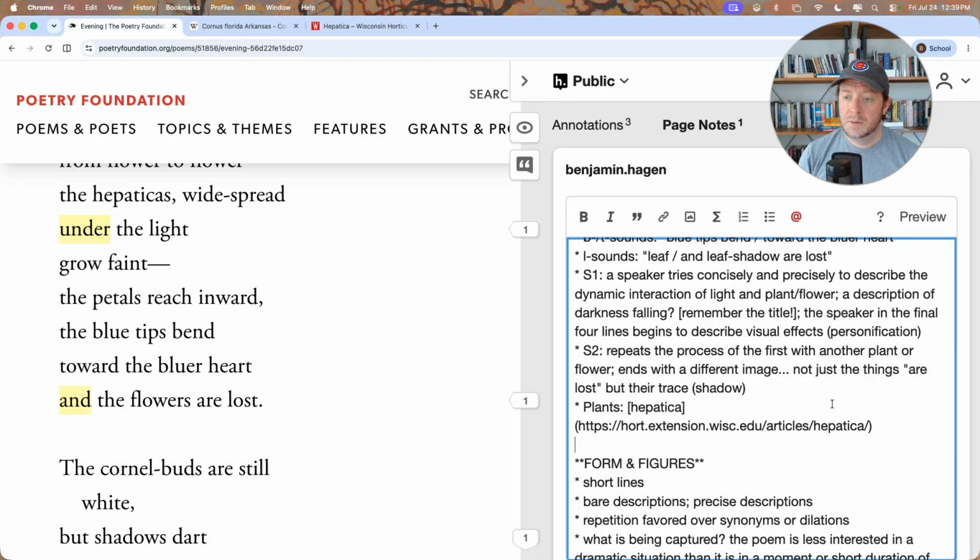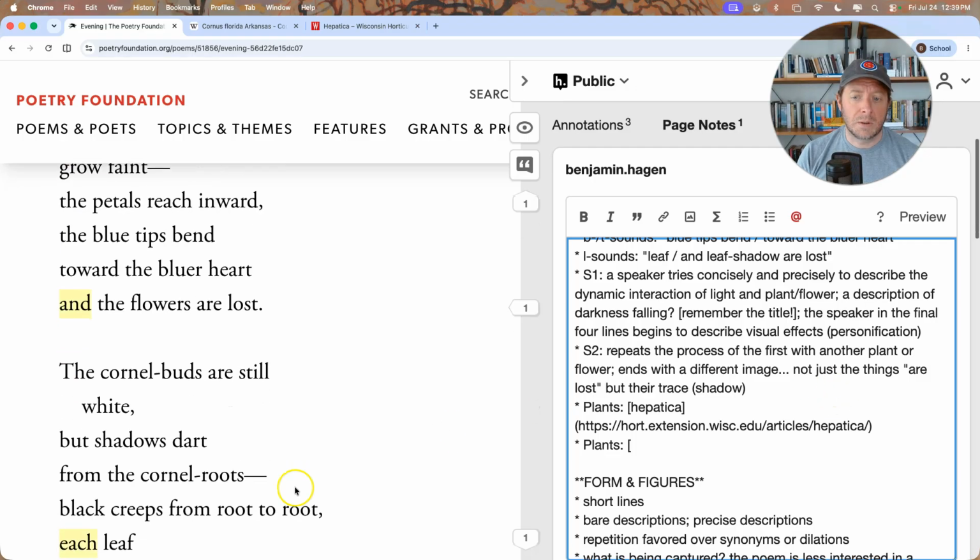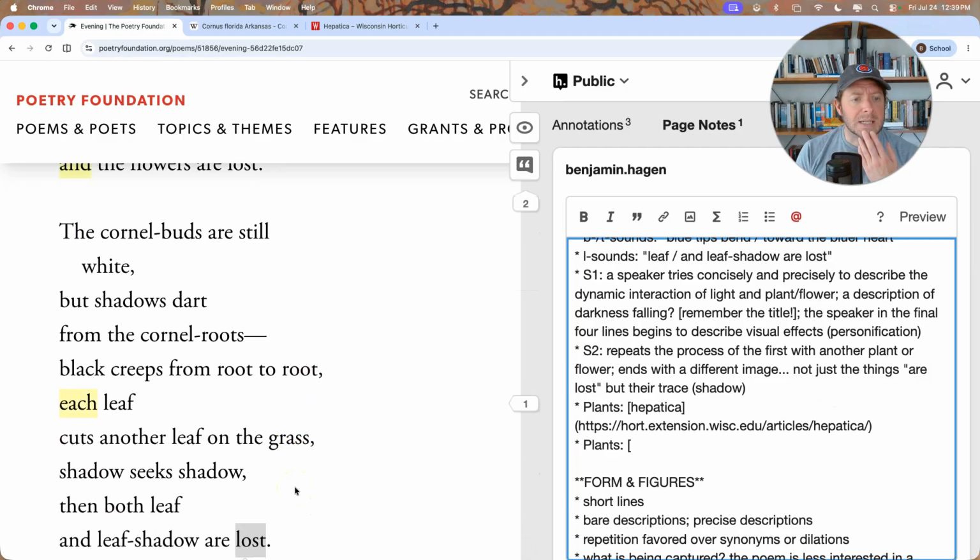And then the cornel was a little harder to track down. My very rudimentary Googling was not particularly helpful.